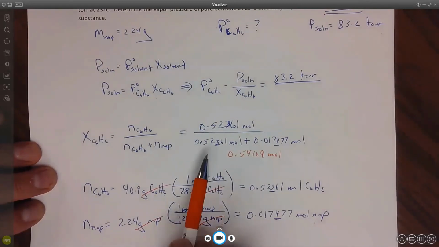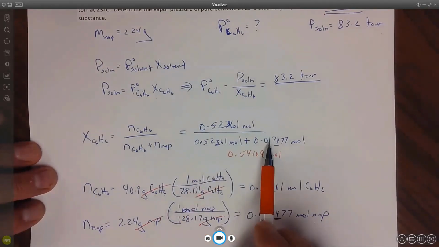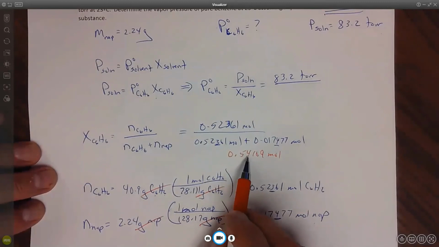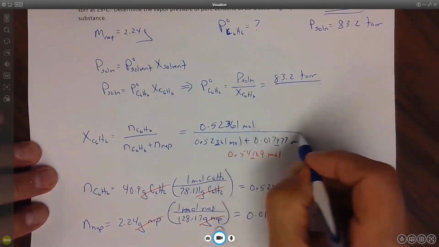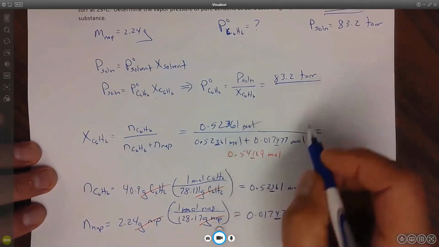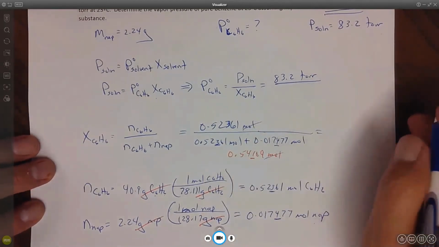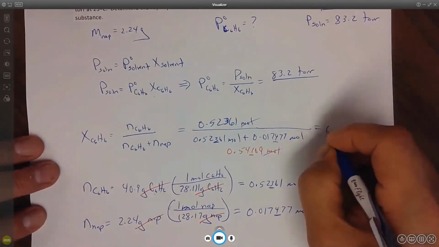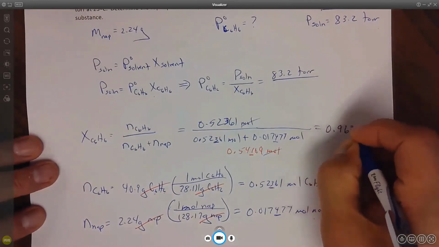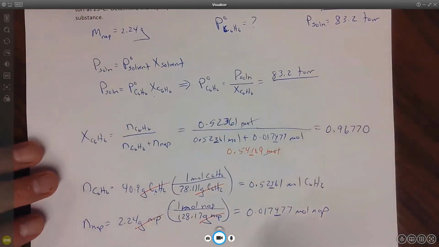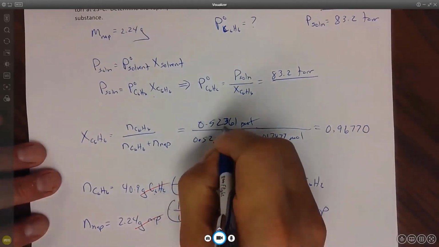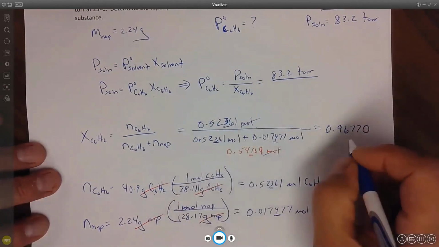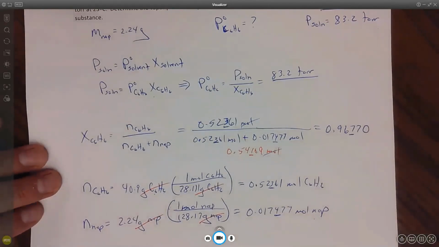This is 1, 2, 3 past the decimal, and this is 1, 2, 3, 4 past, so this can only be 3 past. Now we plug this into our calculator. The moles cancel, and that gives me a mole fraction of 0.9677. We have 3 sig figs.